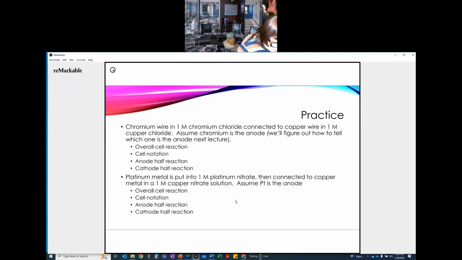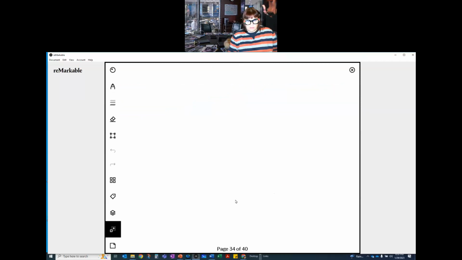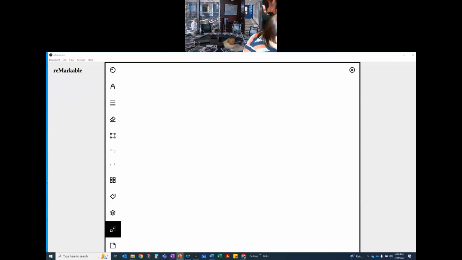Let's do some practice. Add ourselves a note page so that we can do this, and pull up this slide so I can look at it. Hopefully you still have it so that you can see what it says. It says chromium wire, 1 molar chromium chloride.